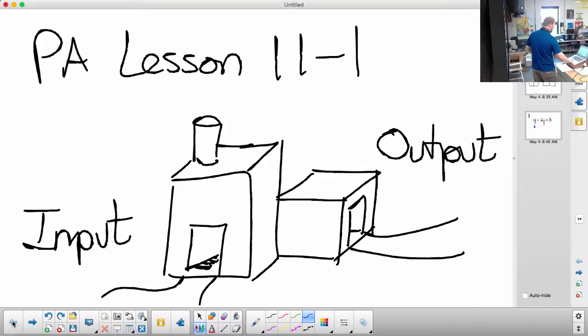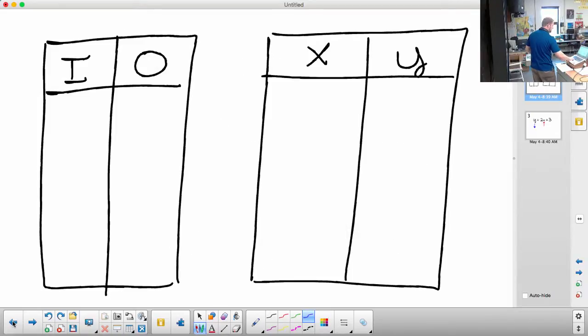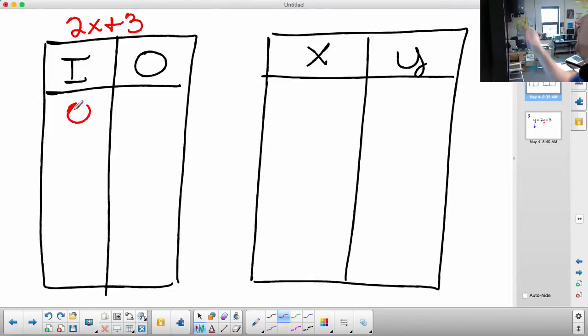Wow, this is being very glitchy today. All right, so I'm just going to write that function above here, 2x plus 3. If I input 0, I get out what? 3. If I input 1, I get out 5.